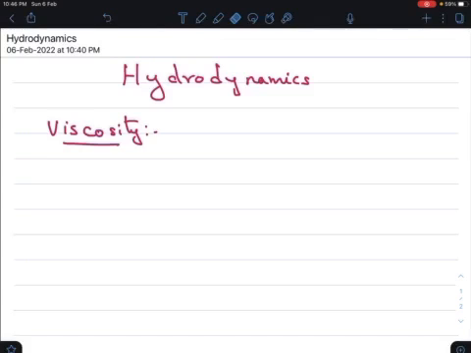Next is the velocity gradient. The velocity gradient is defined as the rate of change of velocity with distance.